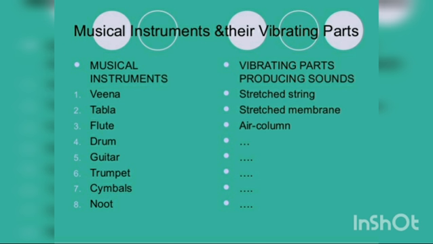I hope you have seen tabla beating, and most of the children are very familiar because we have a music period in our school. When you strike the tabla, the upper membrane is vibrated and the sound is produced.